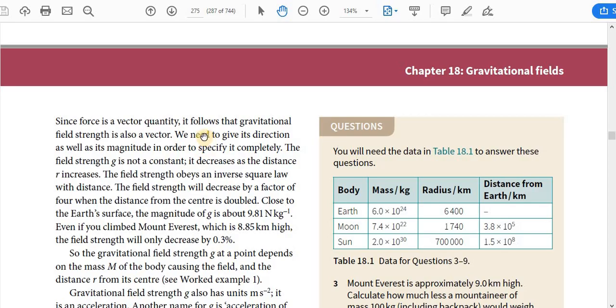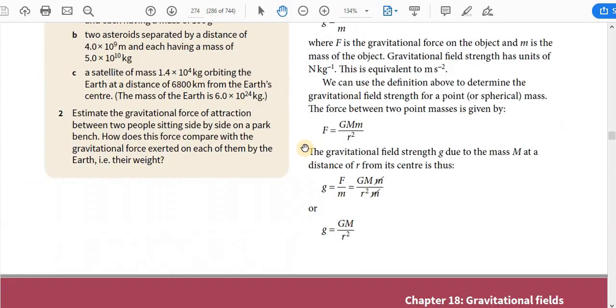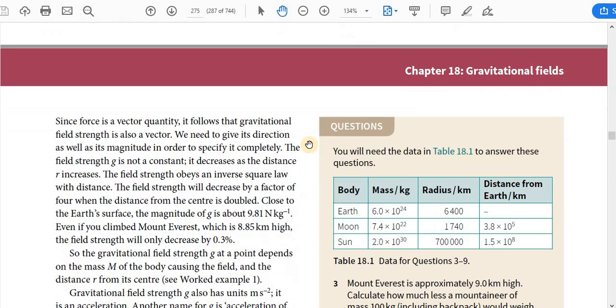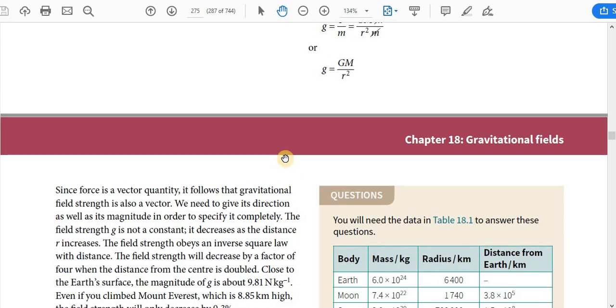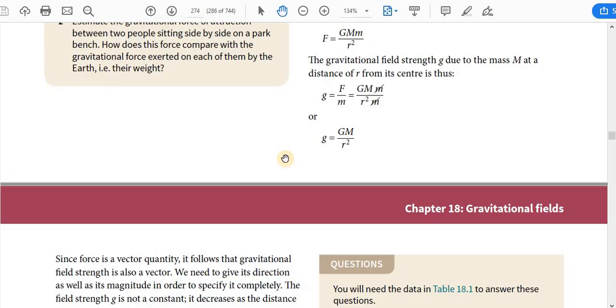Okay, force is a vector quantity. It follows that gravitational field strength is also a vector quantity. We need to give its direction as well as its magnitude in order to specify it completely. Now the gravitational field strength and the gravitational force are in the same direction. This applies not only to gravitational fields, but any field. The direction of the field is actually the direction of the force.